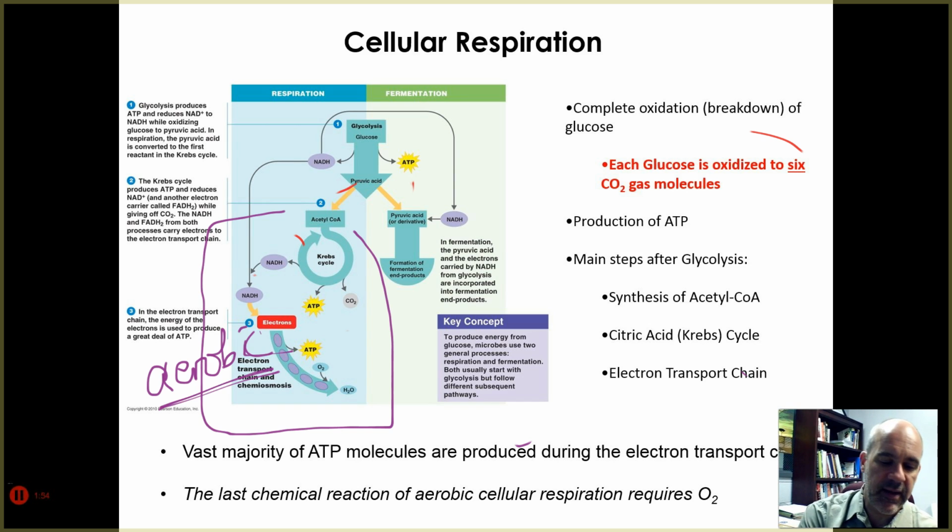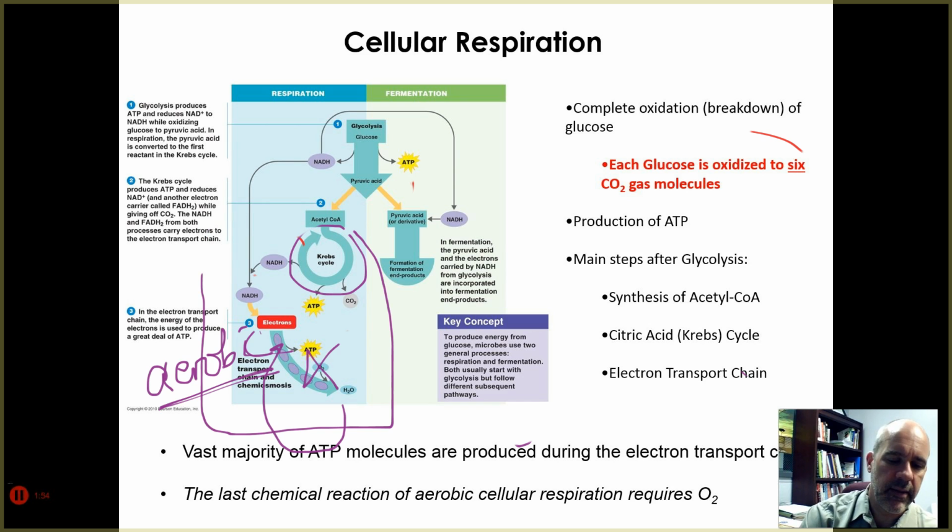And the reason for that is if you're an aerobic organism and you don't have access to oxygen gas, your electron transport chain shuts down, and so does your Krebs cycle. It's kind of like a toilet backing up or a sink backing up. If oxygen gas is not available for the last step of those phases, then the step before it can't happen. The step before it can't happen, and it shuts down all of those processes.